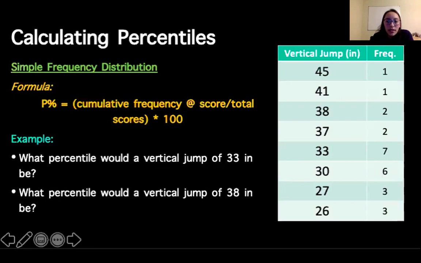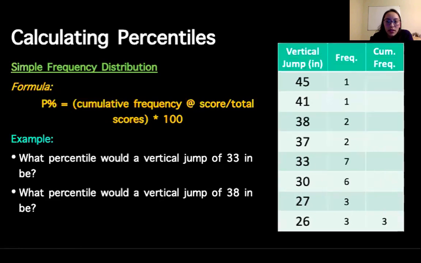So in order to create a cumulative frequency, we have to create another column in our table, okay? When you calculate cumulative frequencies, you always want to start at the worst score. I don't do it to purposefully trick you. Sometimes it's organizationally easier, and sometimes I might give you 26 at the top, or I might give you 26 at the bottom, right?